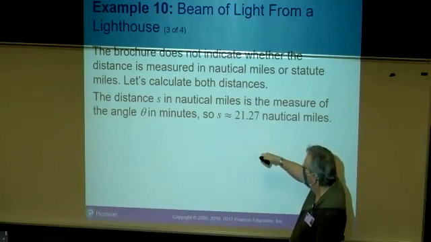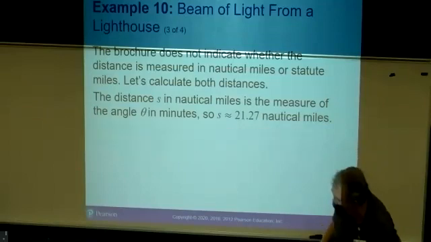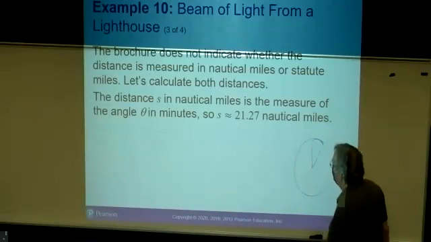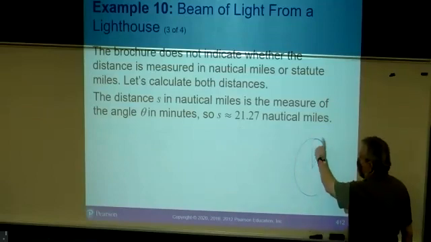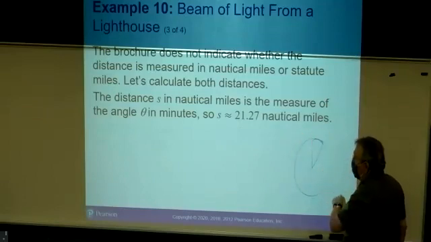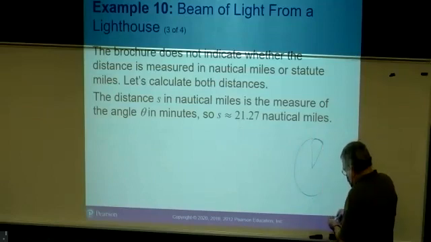So that means that part, let me draw it. This part here, the arc, is 21.27 nautical miles, which is really small compared to, but anyway.